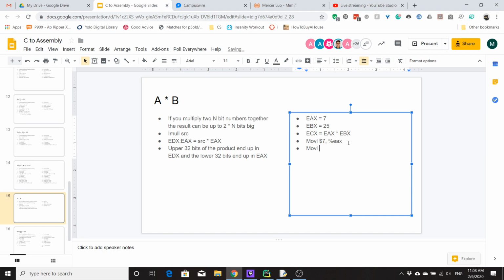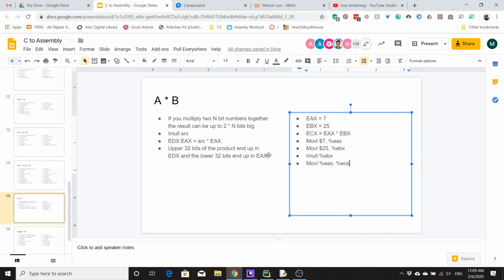Then movl $25, %EBX. And then we would just do imul %EBX, and our result's going to end up in EAX. And over here, we can then just do movl %EAX, %ECX. Copy the result over.